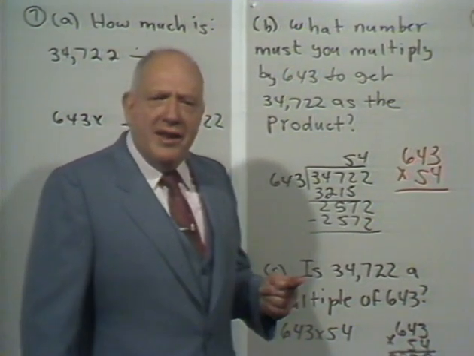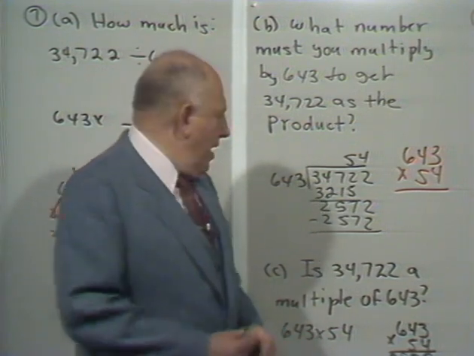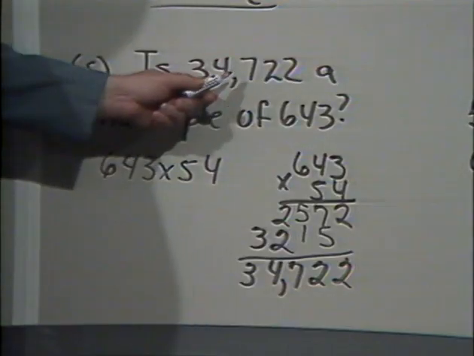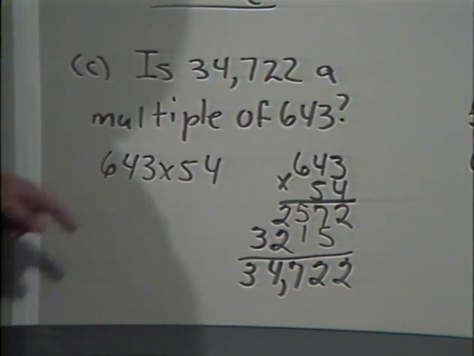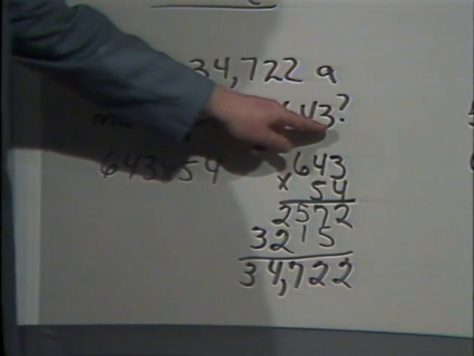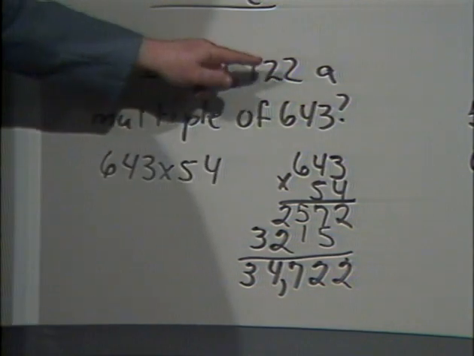And part C is just the rewording of A and B. What I want you to see is that when you do either A, B, or C, you've done all 3. Part C says, is 34,722 a multiple of 643? What that says is, if you were counting by 643s, would you ever come to 34,722 exactly? And the answer is yes.